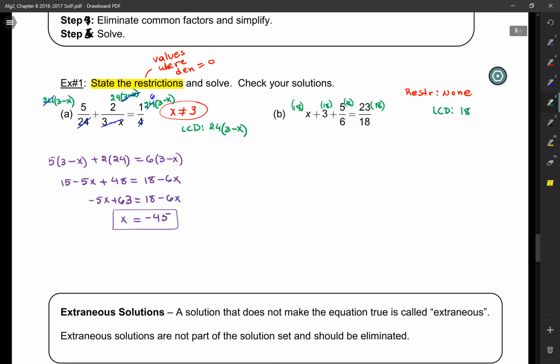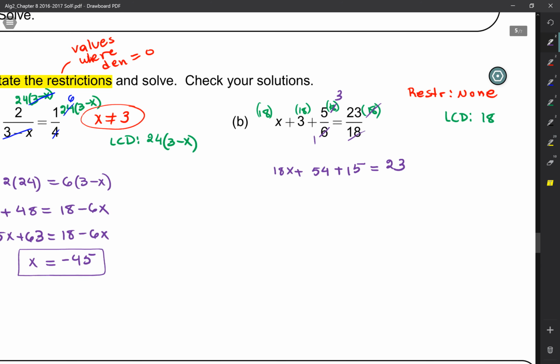Okay? So go ahead and write down what this turns into. So what do we get here? 18x plus 54 plus, is it 15? 15 equals 23. Okay, so we're going to be doing some of the canceling.